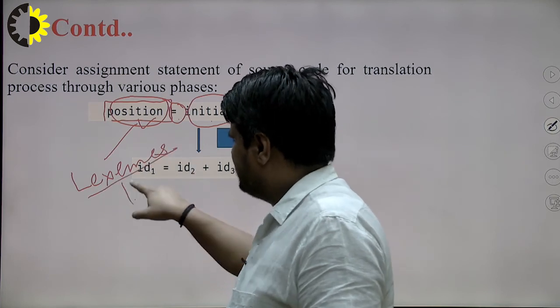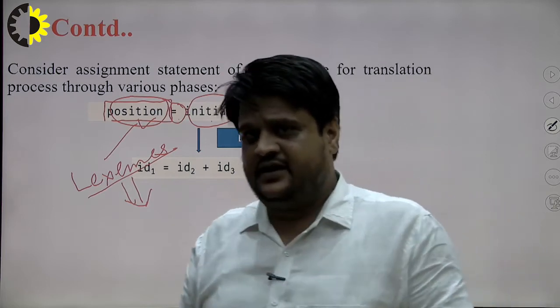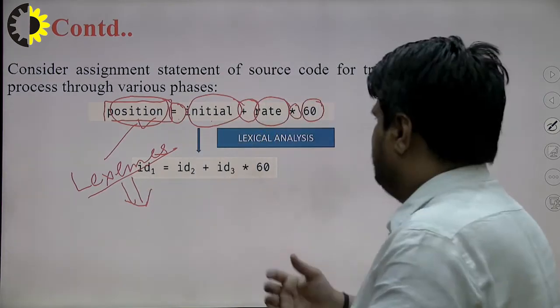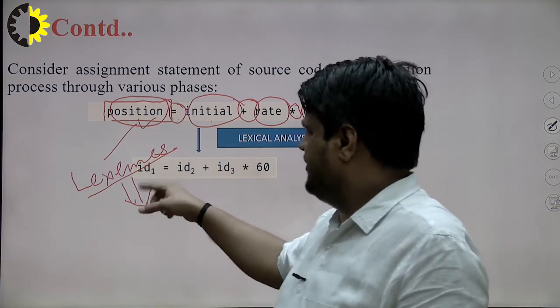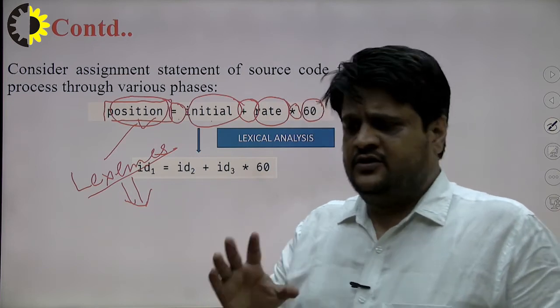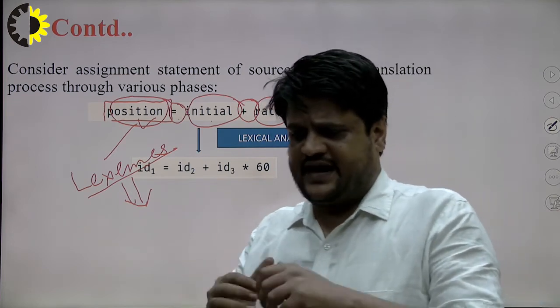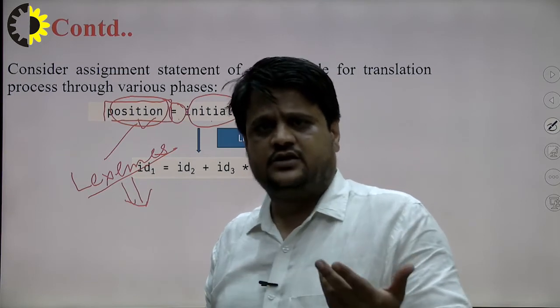By seeing which patterns and which rules it follows, it will decide what class the lexeme belongs to. The rule that decides which class a particular lexeme belongs to is called the token.